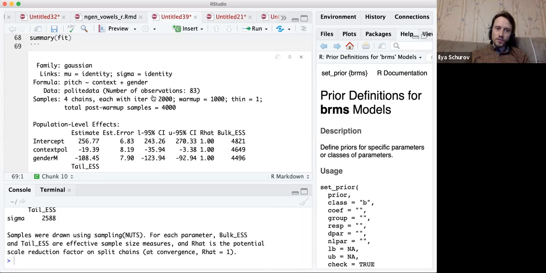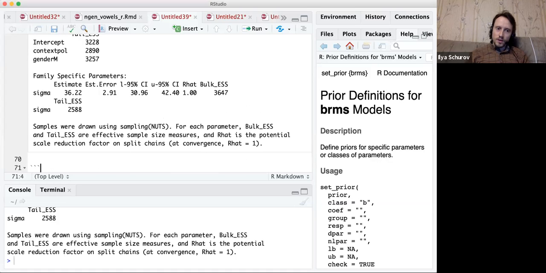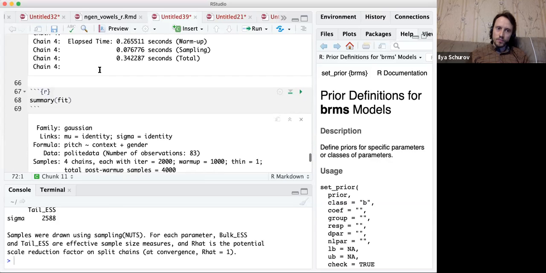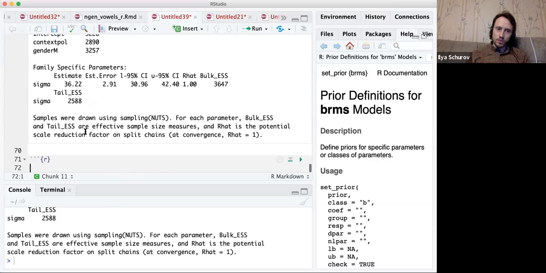Actually, we can even find the posterior distribution of values. So I will return to this summary after we investigate this posterior distribution.